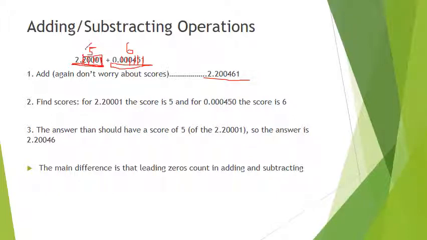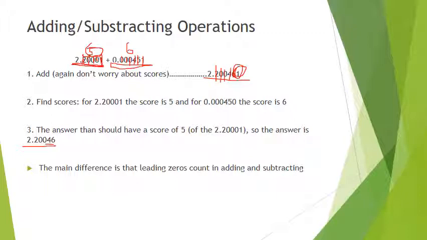Now your answer can only have the same score as your worst one, so it can only have 5 digits right of the decimal point: 1, 2, 3, 4, 5. So your answer is going to be 2.20046. Now, the 1 hasn't gone away. We're just saying we can't trust it.